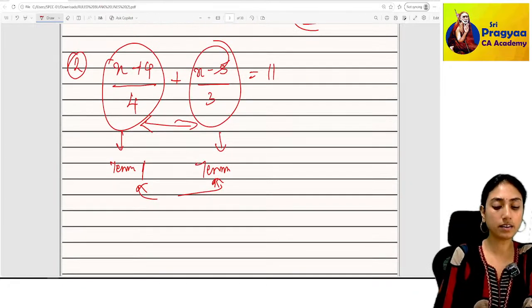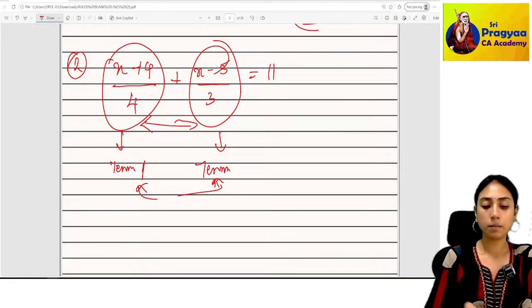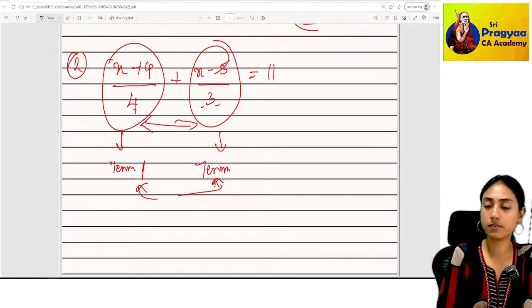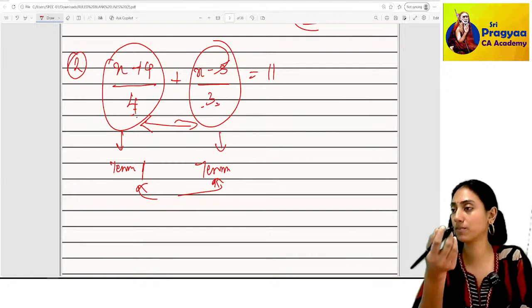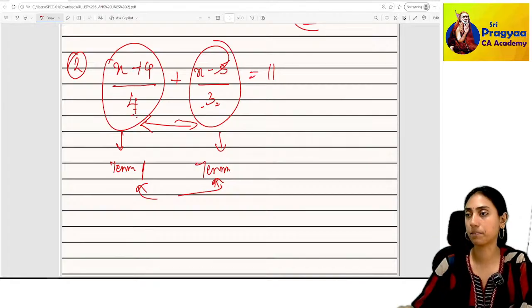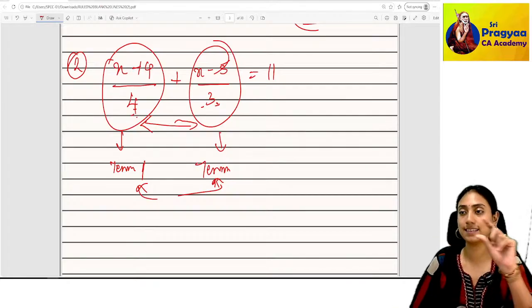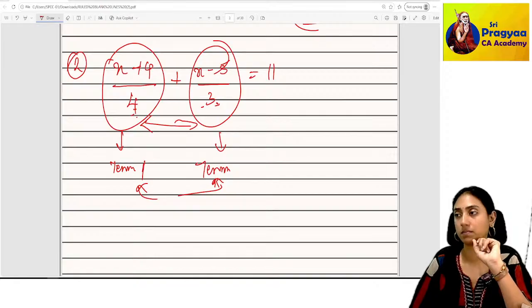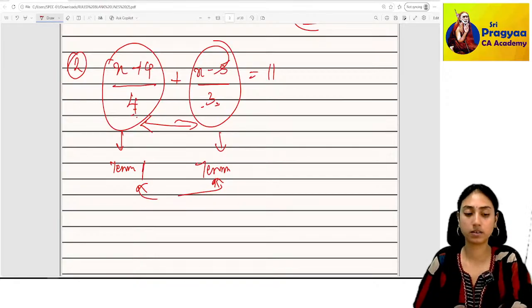So we cannot add these two terms as of now because their denominators are different. They are not equal. So you have to take an LCM there. What's an LCM? Least common multiple.